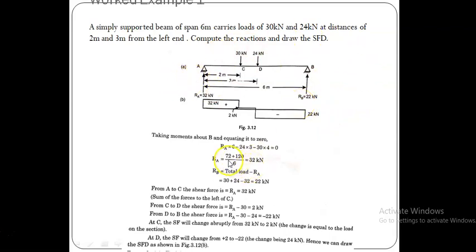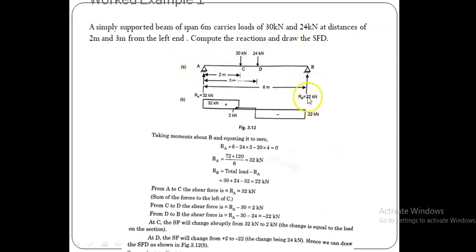Okay. Then once you know RA or RB, from the equilibrium equation, for this case we can find RA. The RB can be calculated as the total force acting on the beam minus RA, because whatever the loads acting on this beam, those loads are shared by these two supports.